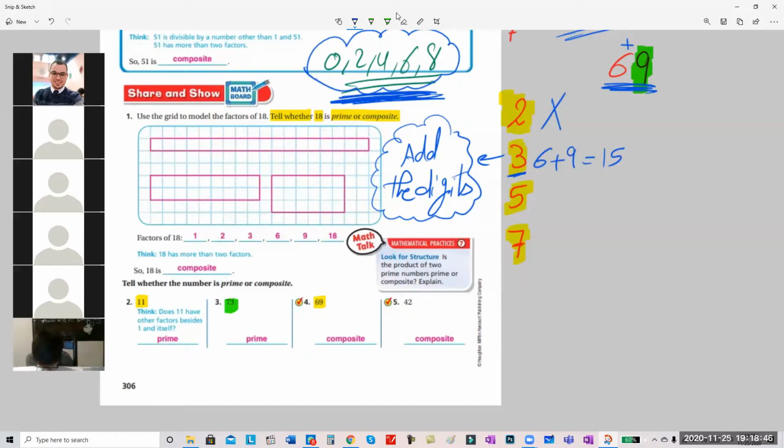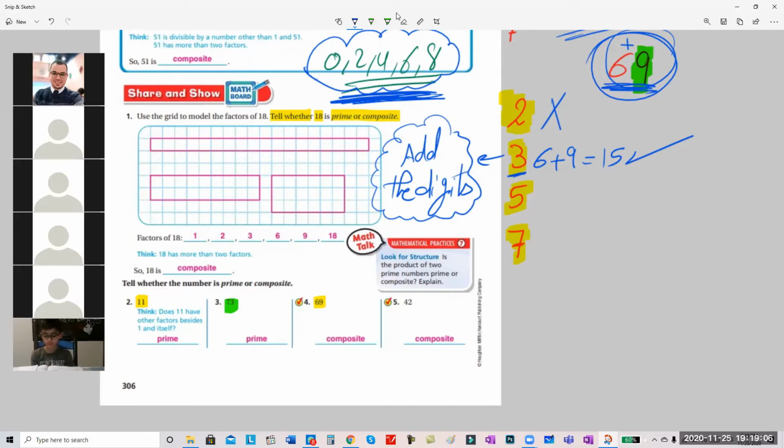So 15, is it in the multiplication table of 3? Yes, we can. So we can divide 69 by 3, right? Yeah, right. So that's our answer.